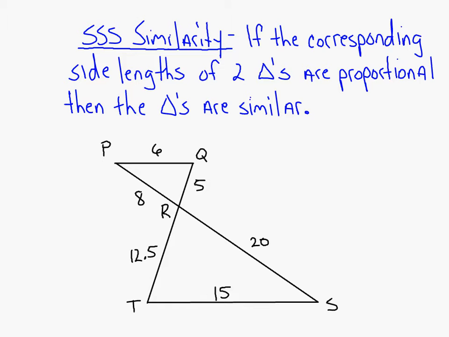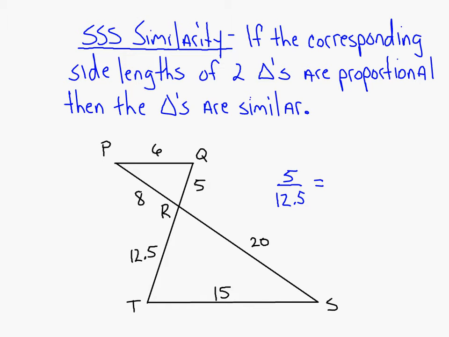Take the shortest side in the top triangle, and that's 5, isn't it? And put the 5 over the shortest side in the bottom triangle, which is 12.5. Those two sides correspond to each other. They're both the shortest side in each triangle.